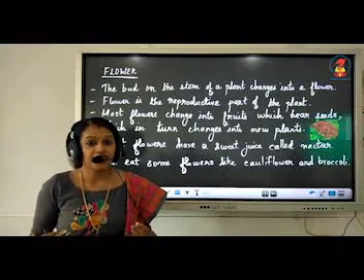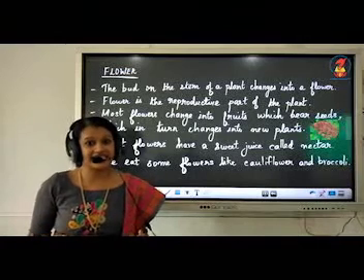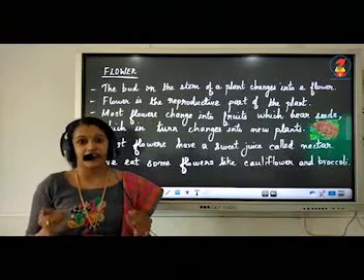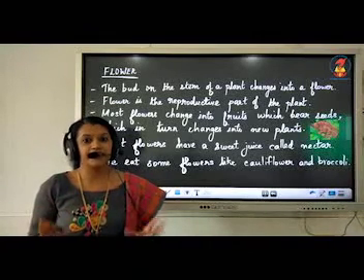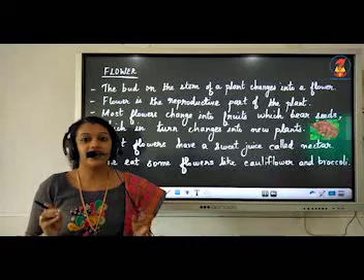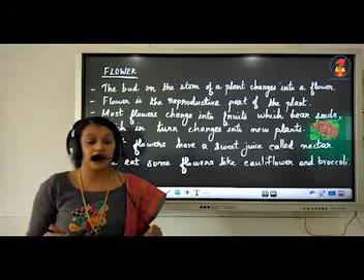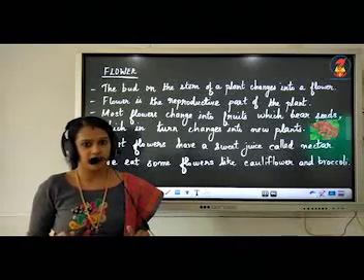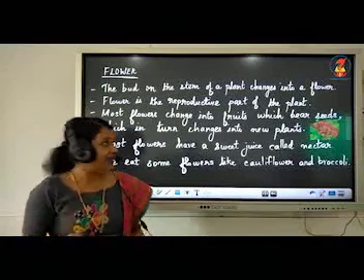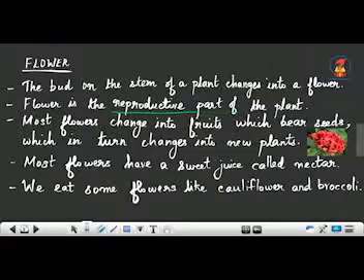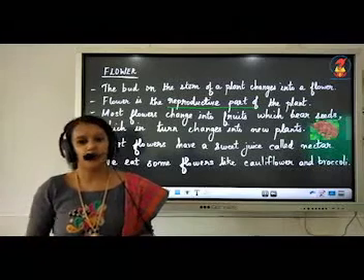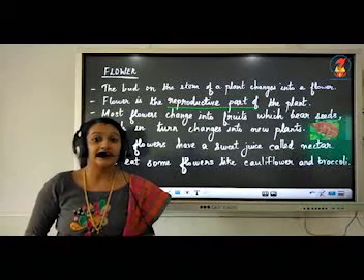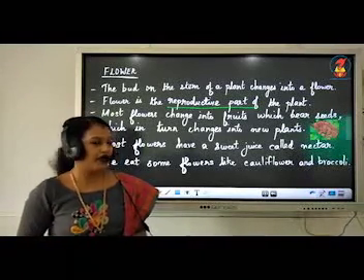Inside the fruit, you can see seeds, isn't it? These seeds, if you bury them in the soil and if you pour water and keep it under sunlight, the seeds will turn into a new plant. So, flower is called the reproductive part of the plant because it is helping the plant to form a new plant. That's why it is called the reproductive part of a plant.